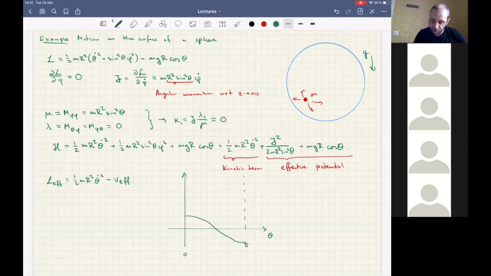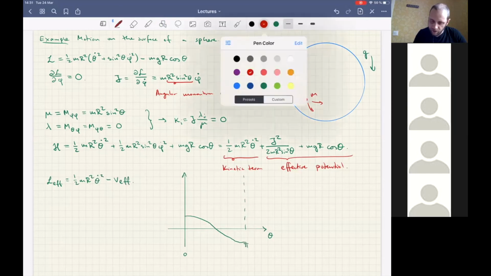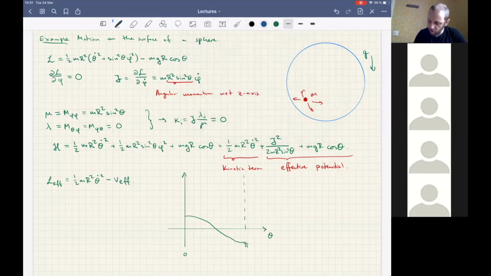To this, we have the addition from the angular momentum term in our effective potential, and that looks something like this.